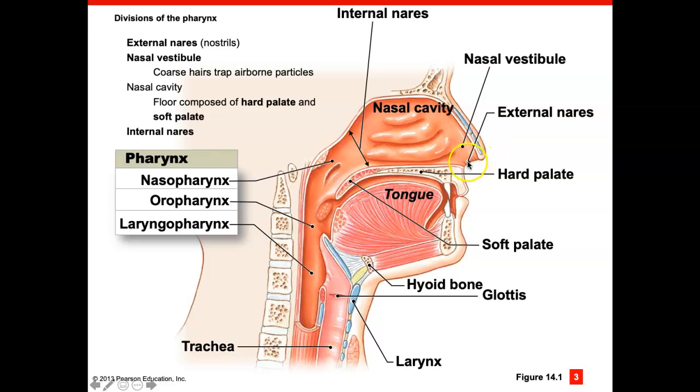So a term you may not have heard was this external nares, the nostrils. This, what we think of as our nose, inside is the nasal vestibule, and that's got hair to trap particles.